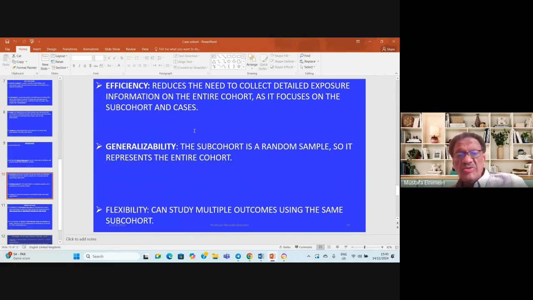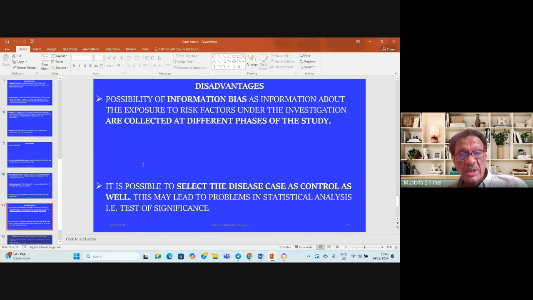Efficiency: we reduce the need to collect detailed exposure information on the entire cohort, as we focus on the sub-cohort and the cases. Generalizability: the sub-cohort is a random sample, so it represents the entire or original cohort. We can also study multiple outcomes using the same sub-cohort.